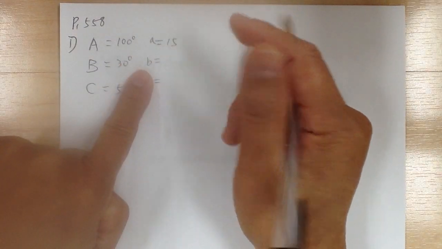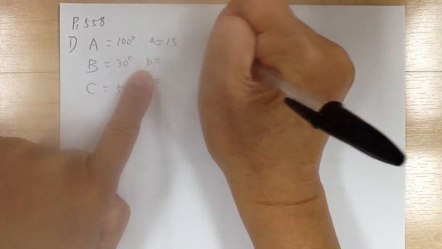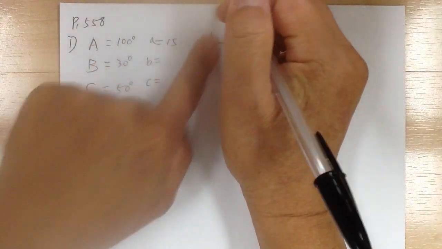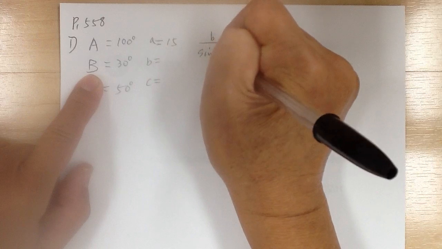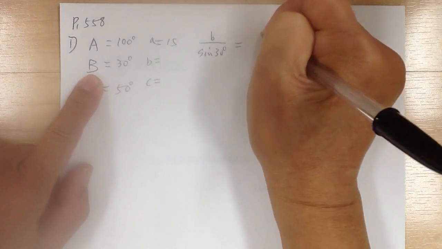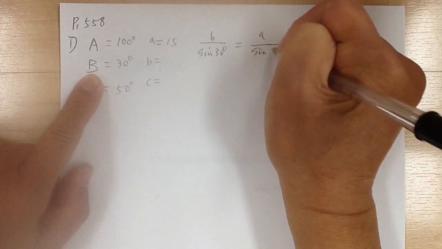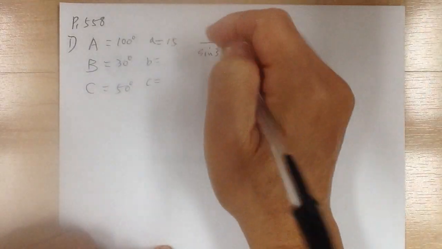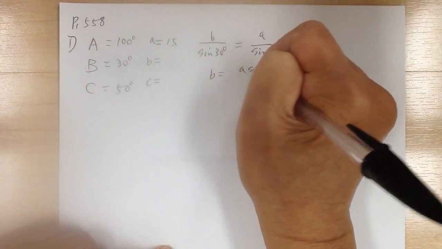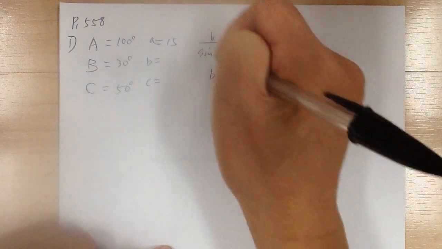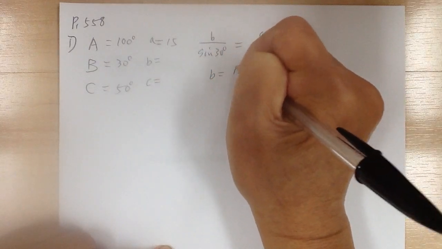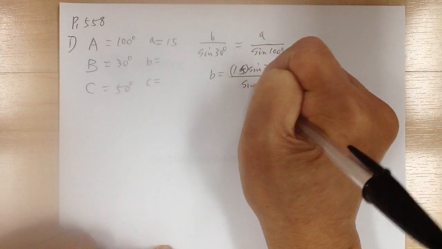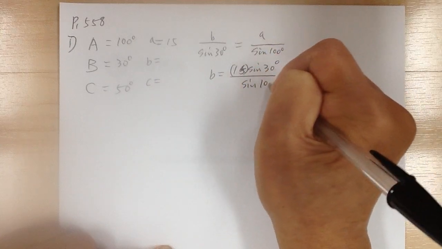So if you're looking for b, this facing that, so b over sine 30 equal to a over sine 100. You can cross this over, so b equals a sine 30 over sine 100 degrees.